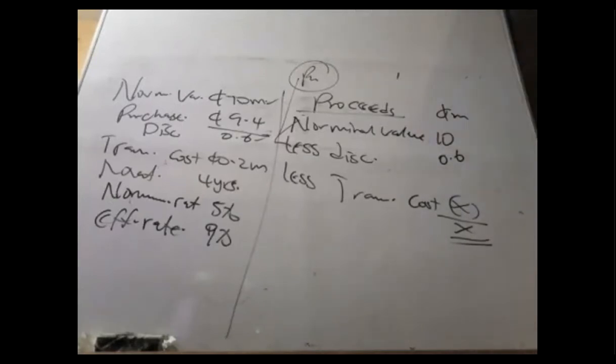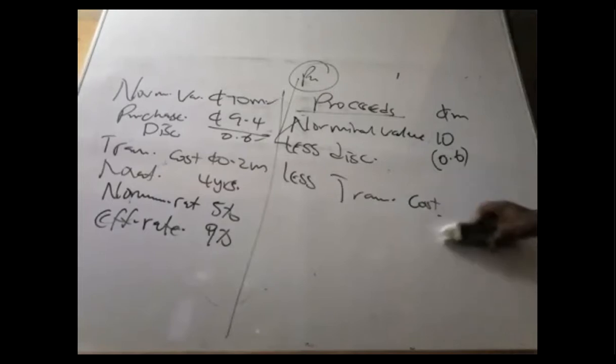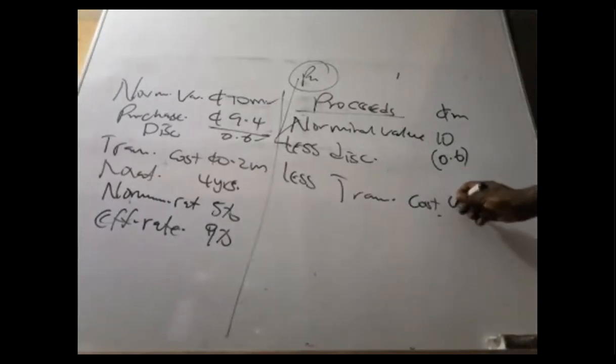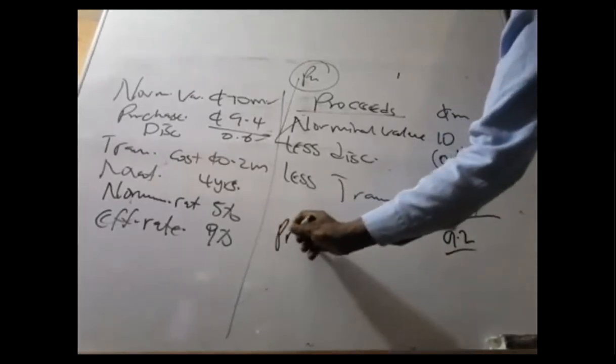Then what about the transaction cost? The transaction cost here is 0.2 million, so take it off. At the end of the day, the value of the loan is 9.2. That's the proceeds. That's the first thing that you do.